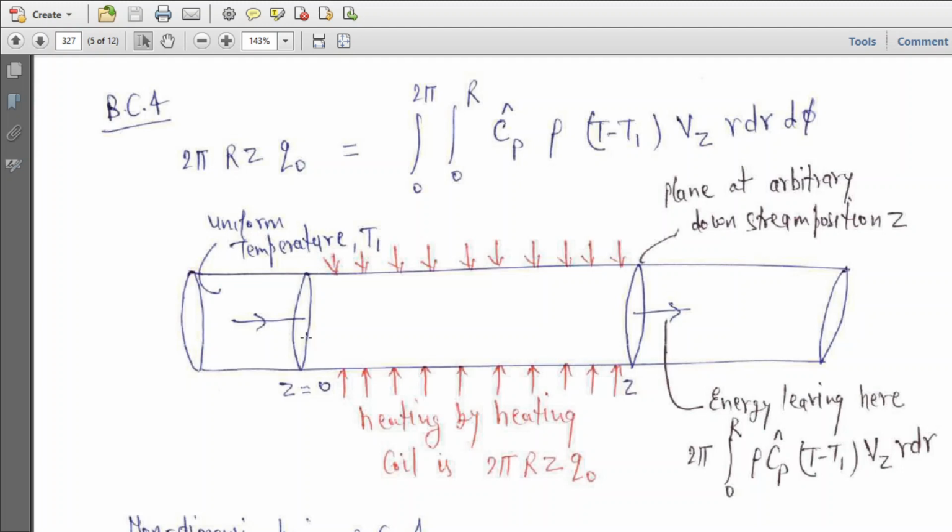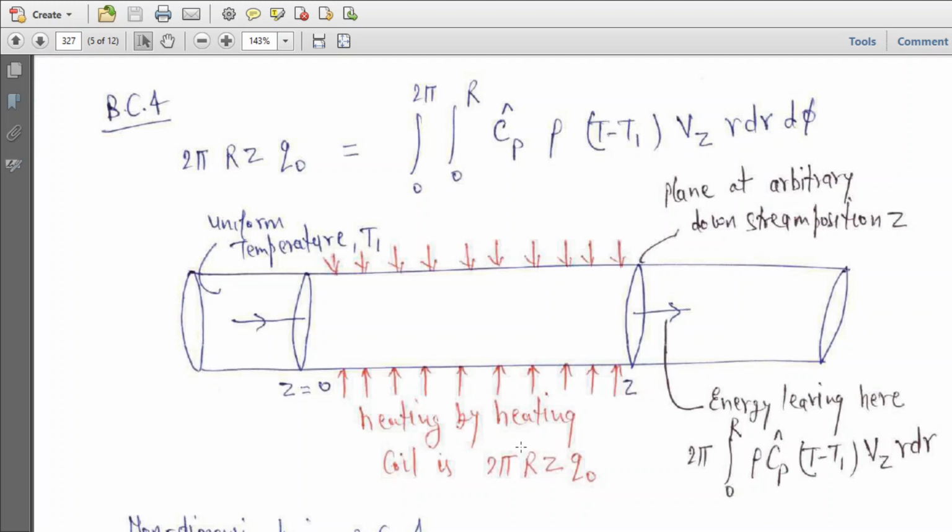If you consider T1 as the reference temperature, it means no energy is entering here. Now from z equal to 0 to z, the fluid is getting heated by the constant flux maintained at the wall by means of some heating coil.